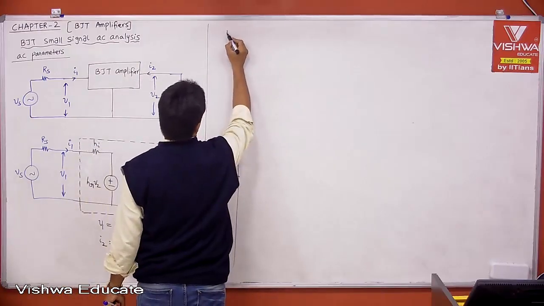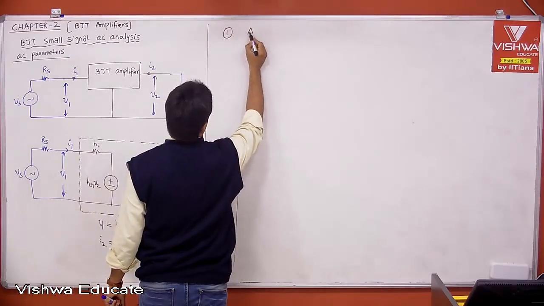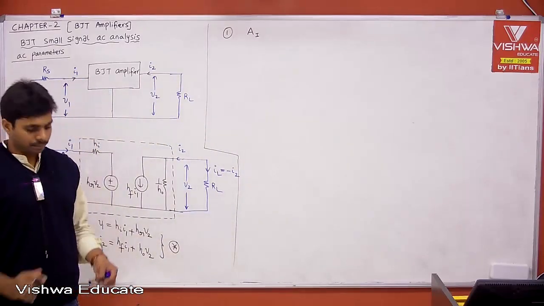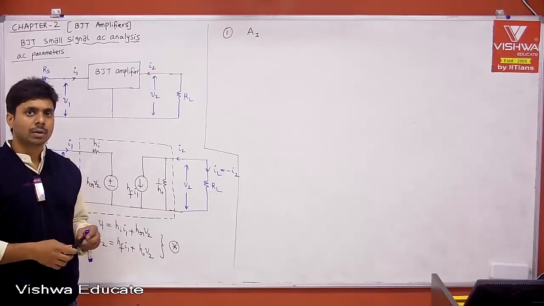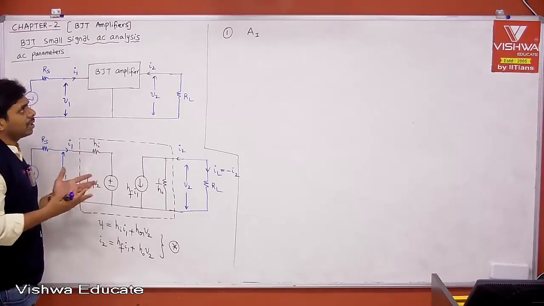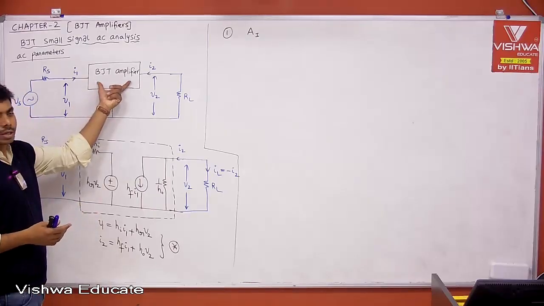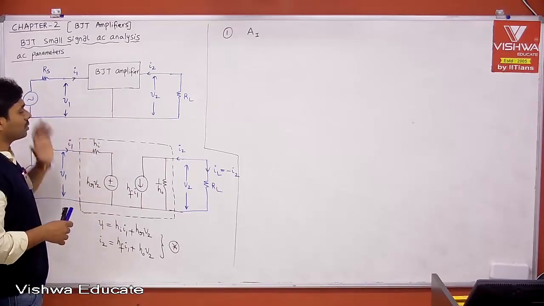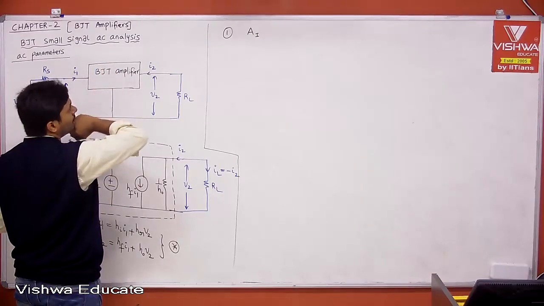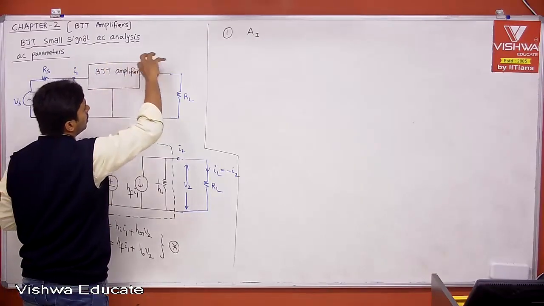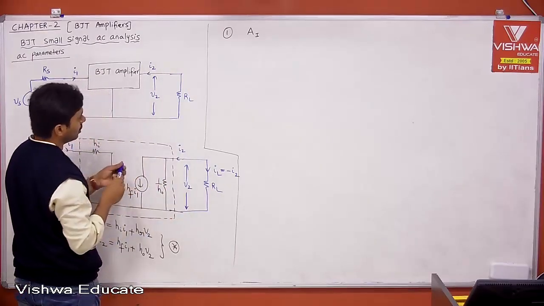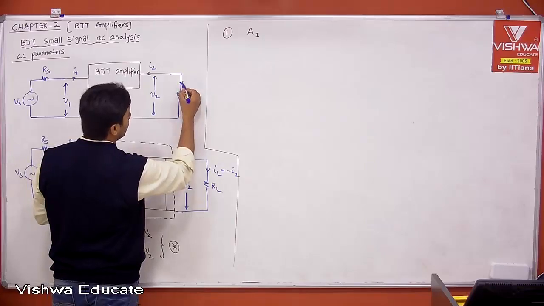Now the first one, current gain. Can anyone tell the definition of current gain? Current gain of your amplifier. That is what we are trying to define with respect to load and source. When I define your BJT amplifier current gain, that is the current the amplifier is giving to the load, which is your IL.